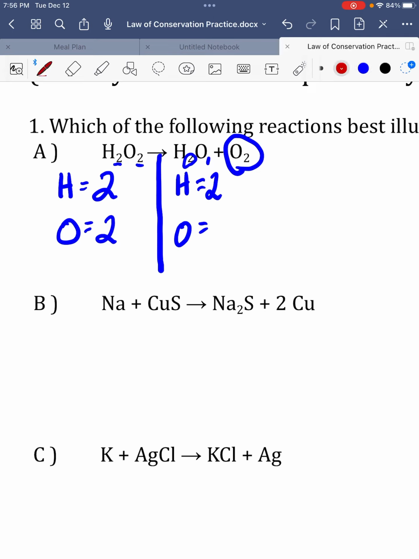Since they are both on the product side, I have to add these 2 oxygens with this one, so I have a total of 3.